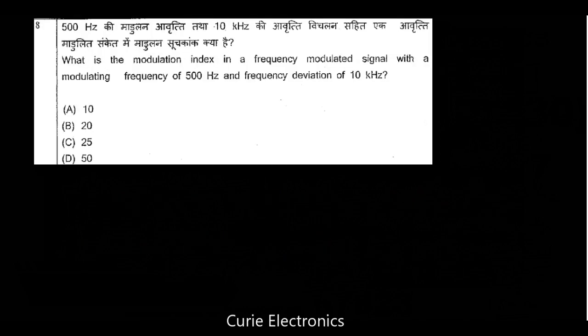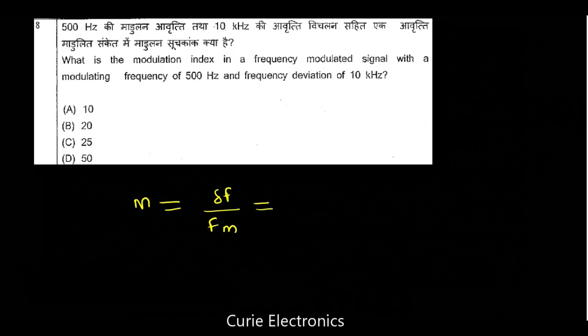Question number 8. What is the modulation index in a frequency modulated signal with a modulating frequency of 500 Hz and frequency deviation of 10 kHz? So it's an FM question. There the modulation index M equals the deviation in frequency delta F upon the modulating frequency FM.